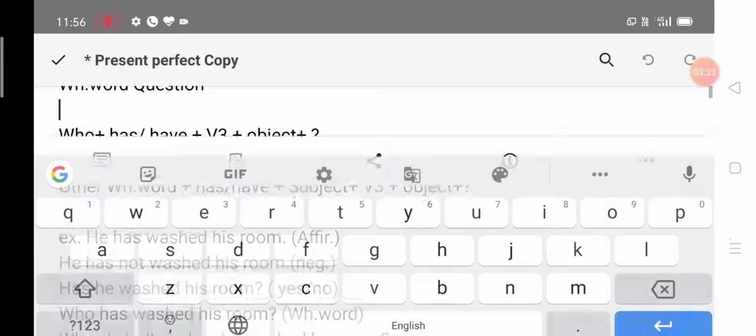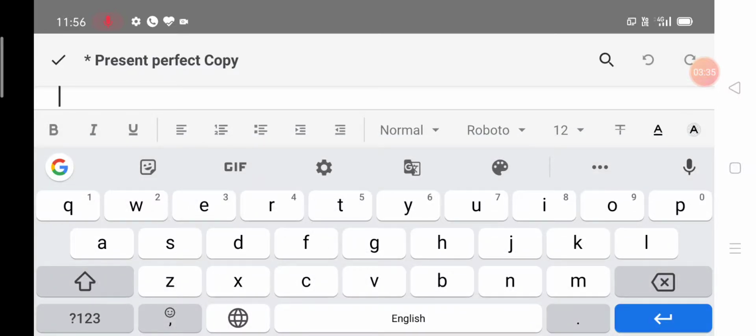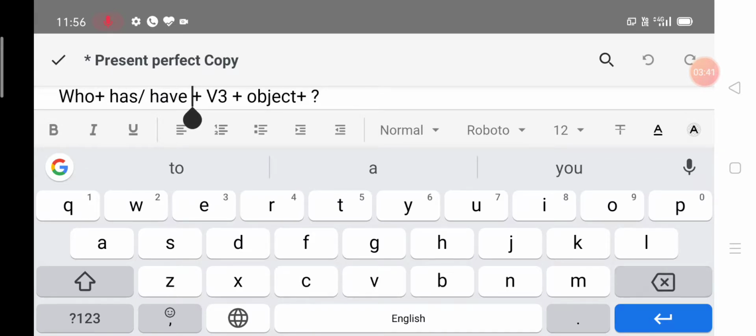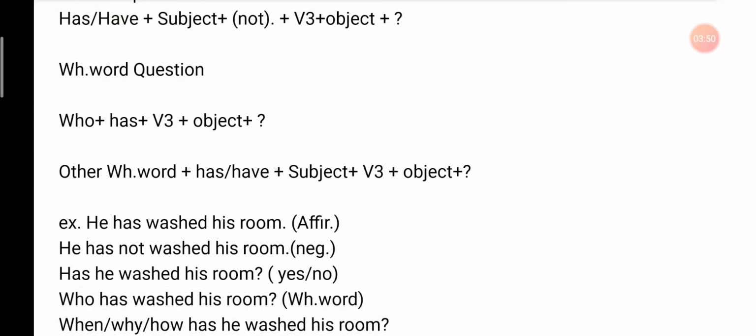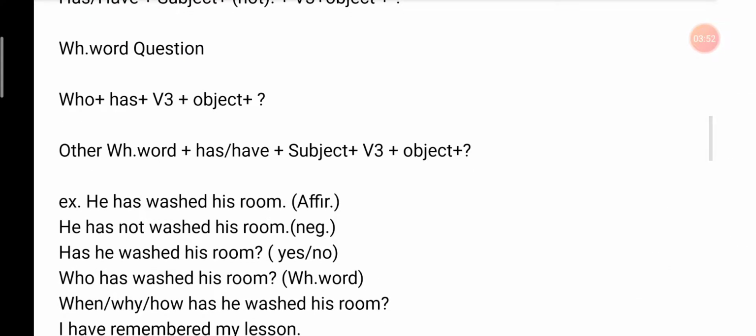Again, WH word questions. In a WH word question there are two structures, one structure for who and the other structure for the other WH words.